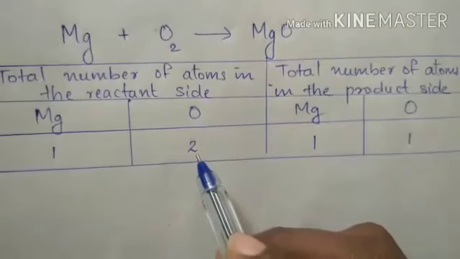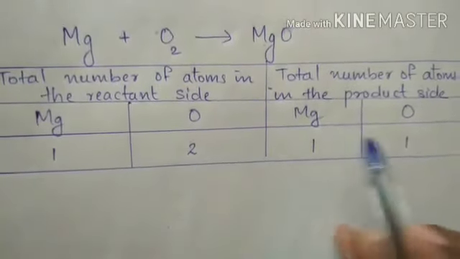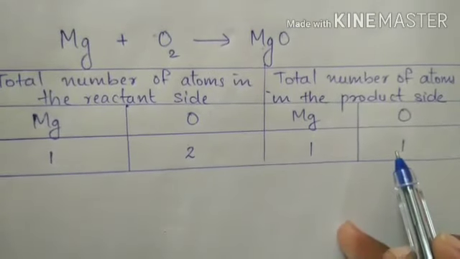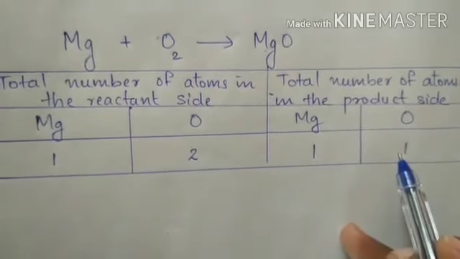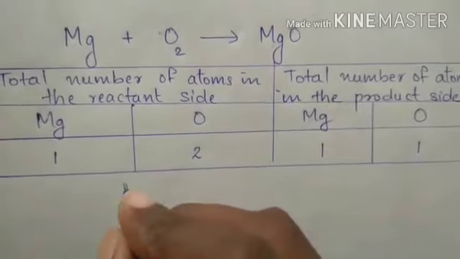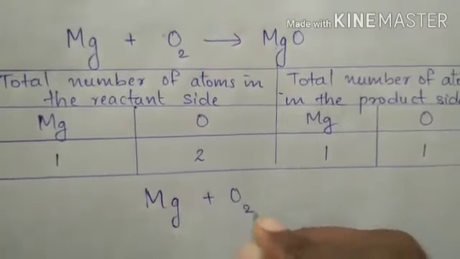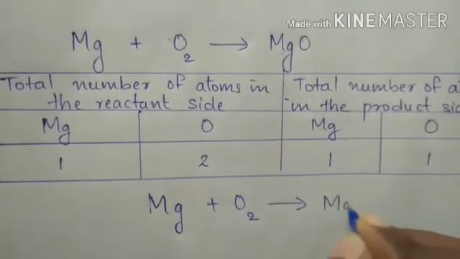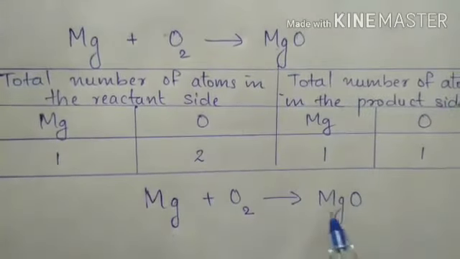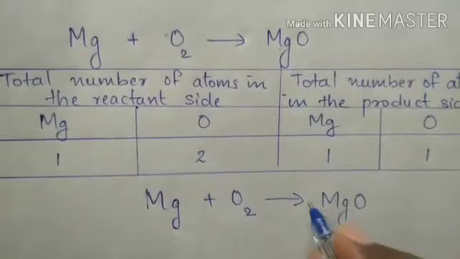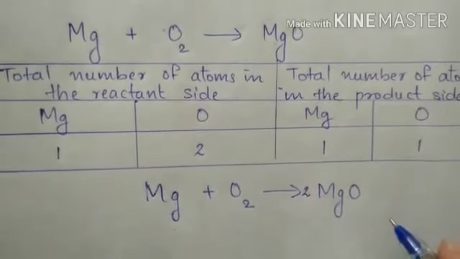As there are 2 oxygen atoms on the left side and 1 on the right side, we have to multiply the magnesium oxide on the right side by 2 to get 2 molecules of magnesium oxide. So we get the equation as Mg plus O2 gives 2 MgO.